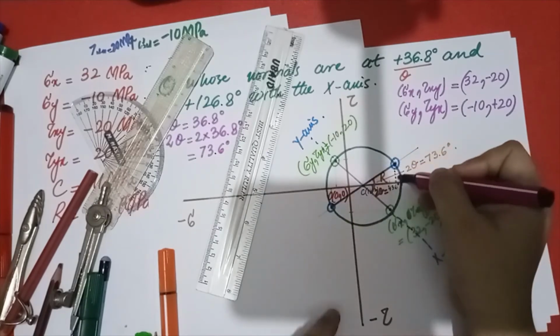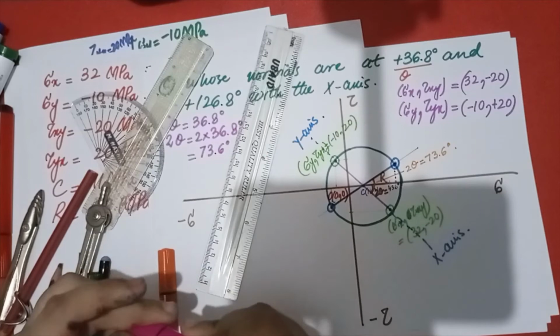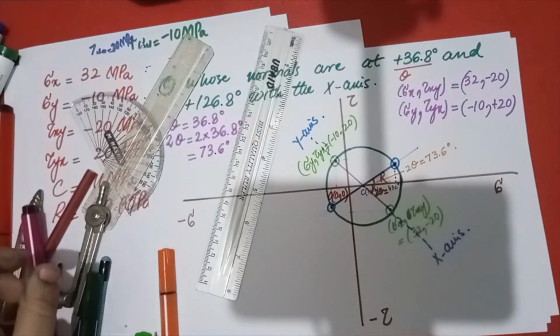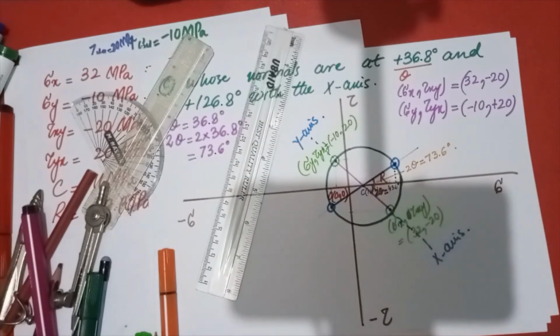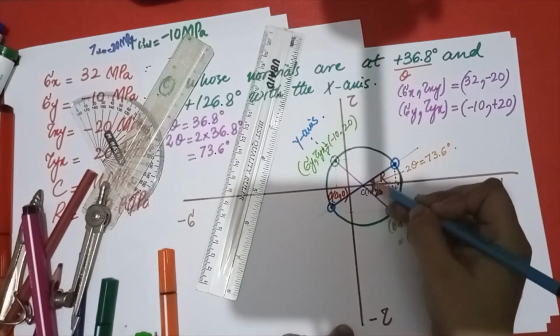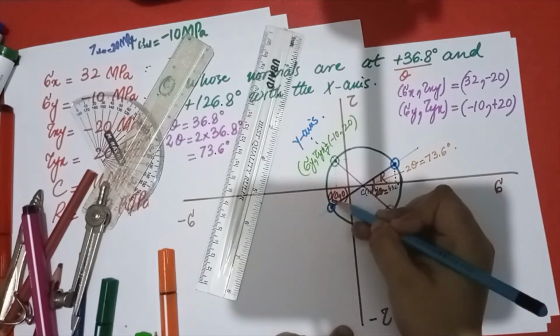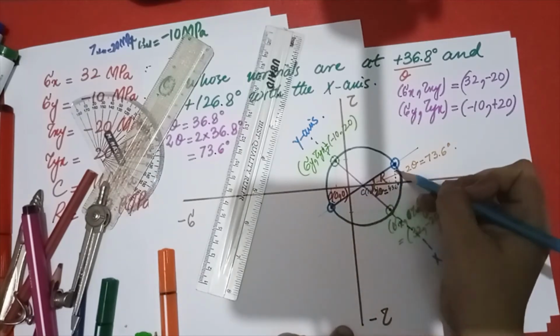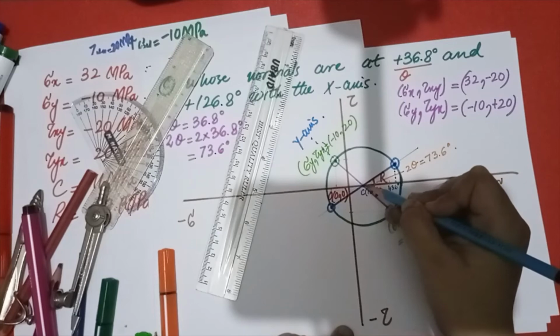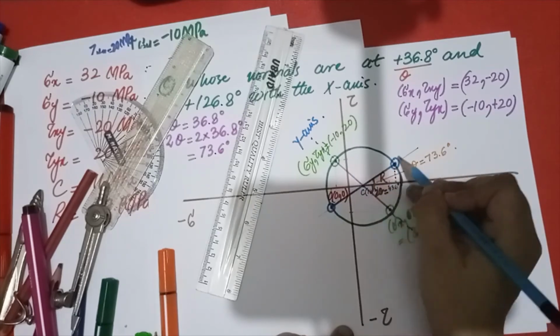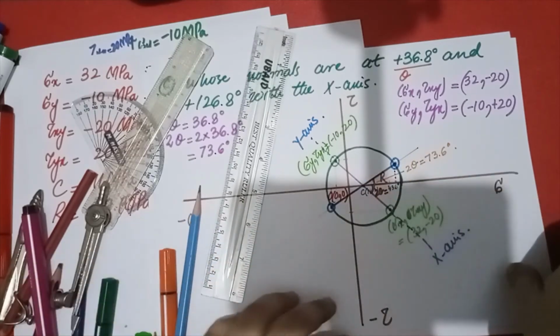Then in the next step, I will drop the perpendicular from here, and when you drop the perpendicular here, you are getting this triangle. So let me shade this. This is your triangle. These are the triangles, and when you get this height and this distance, you will get your sigma, tau.